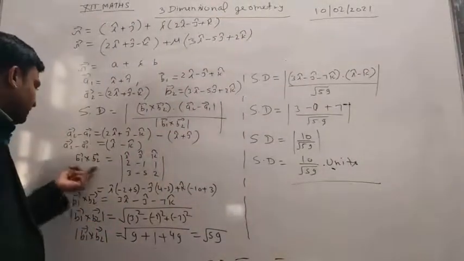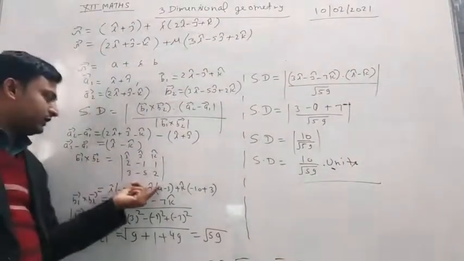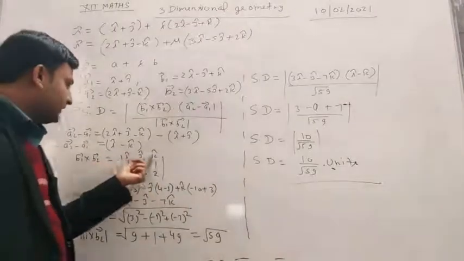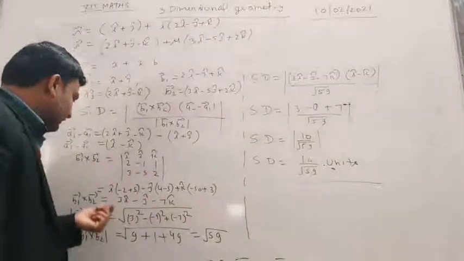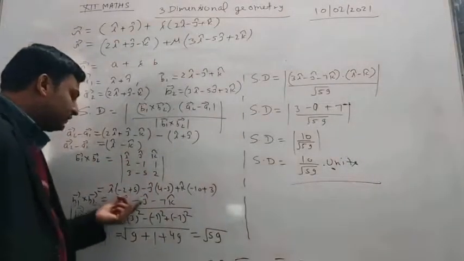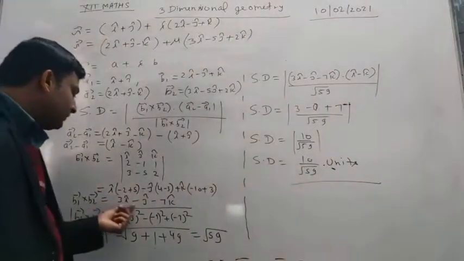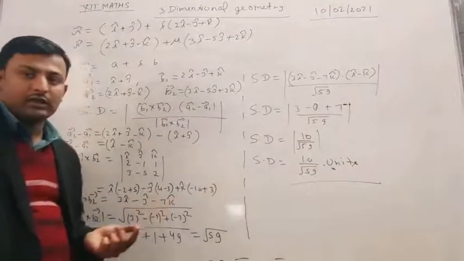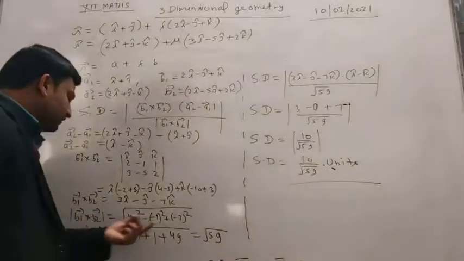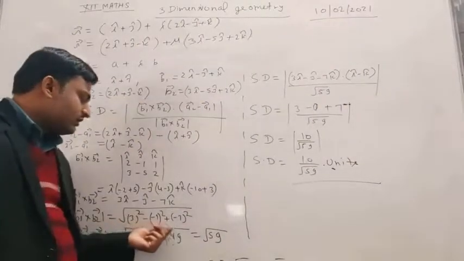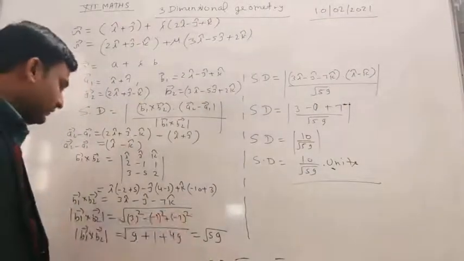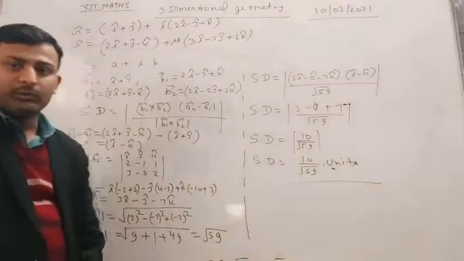Our b1 cross b2 we write in the determinant form i j k, a1 b1 c1, a2 b2 c2, and when we expand this, student, we get b1 cross b2 is 3i minus j minus 7k, and the magnitude of this we write under root 3 square, minus 1 whole square, plus minus 7 whole square, this is root 59.